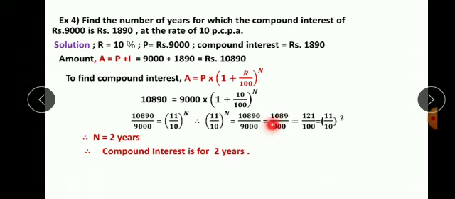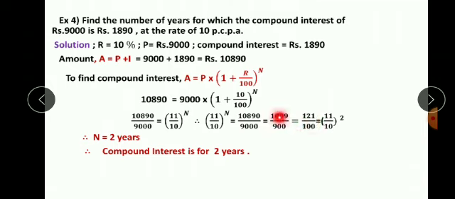So after doing the cancellation of 10 from these two terms, what will we have? 1089 upon 900.